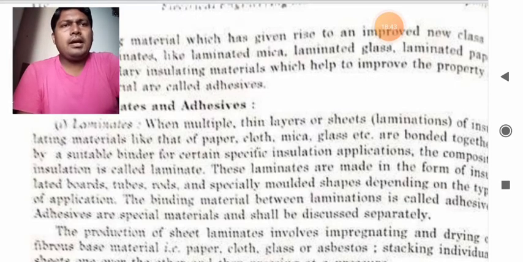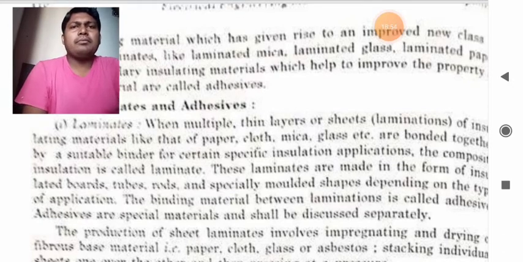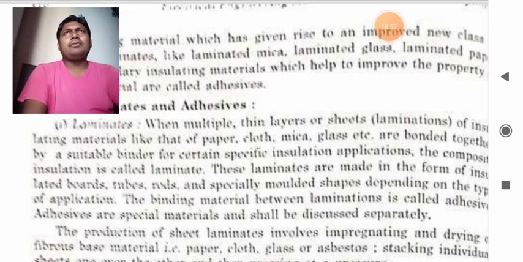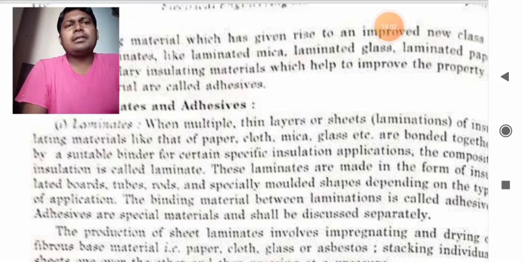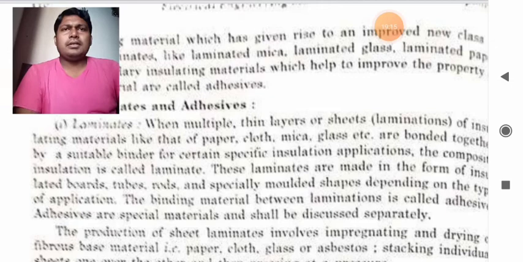These laminates are made in the form of insulated boards, tubes, rods, and specially molded shapes depending on the type of application. The binding material between laminates is called adhesive. So, the material which is used to make them bond is called adhesive. Adhesives are special materials and shall be discussed separately. So, now let us discuss the laminates only.